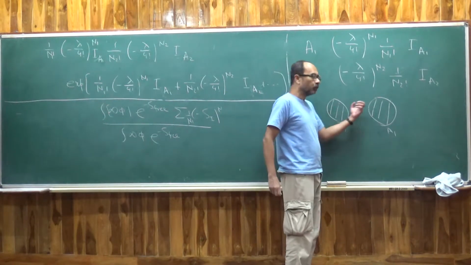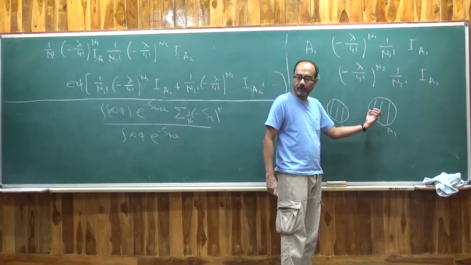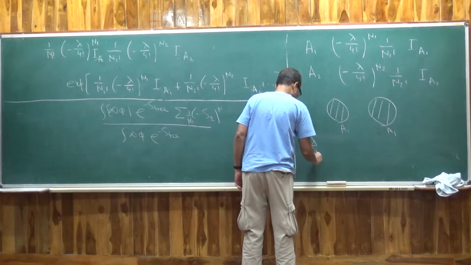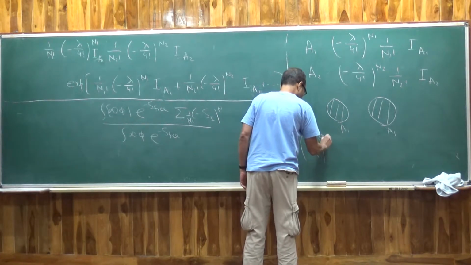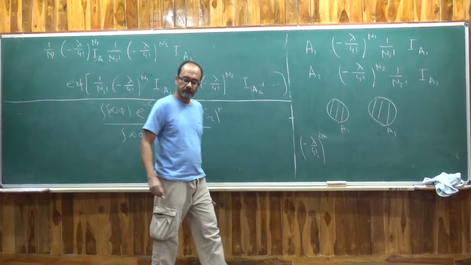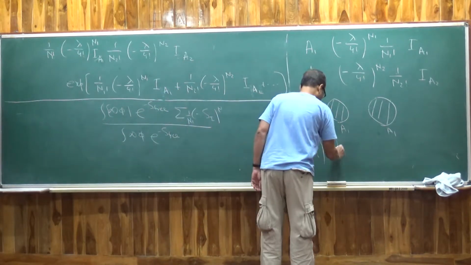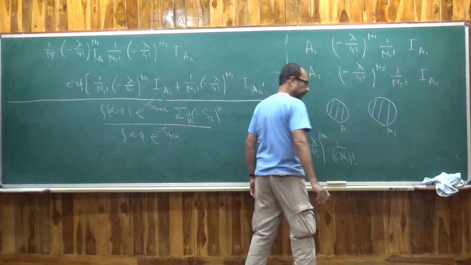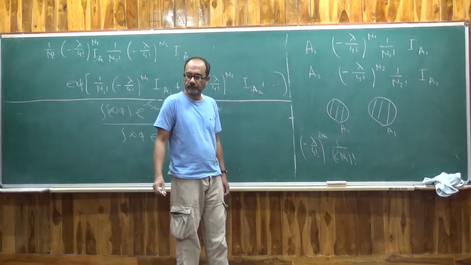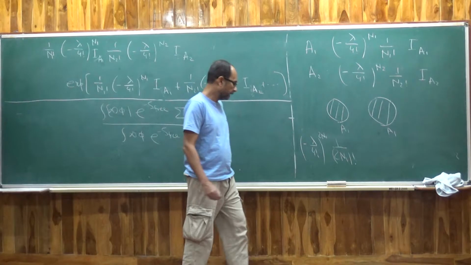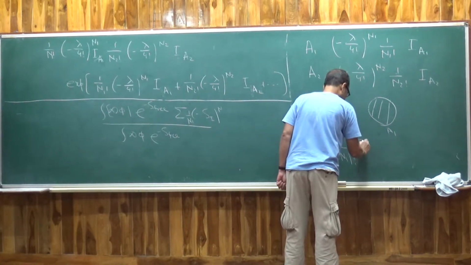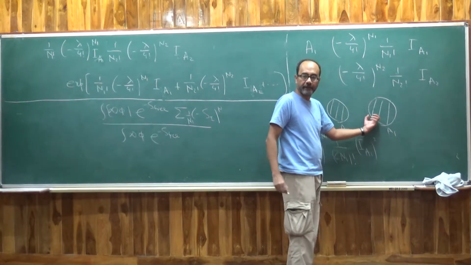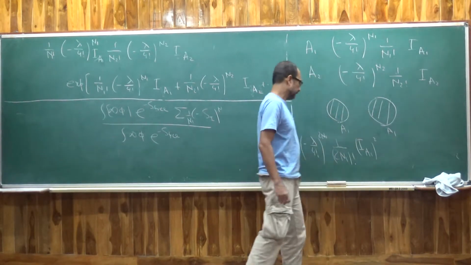This is of order 2n1 vertices. So minus lambda over 4 factorial to the power 2n1, 1 over 2n1 factorial, then you have I A1 squared. This gives I A1, this gives I A1.